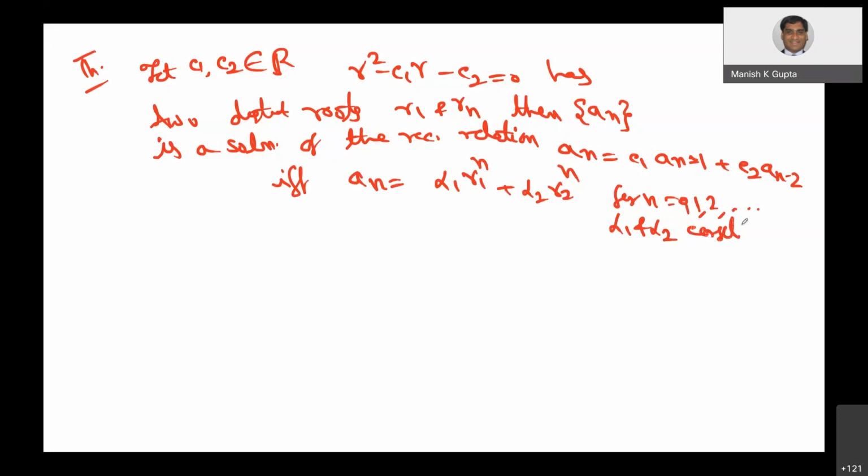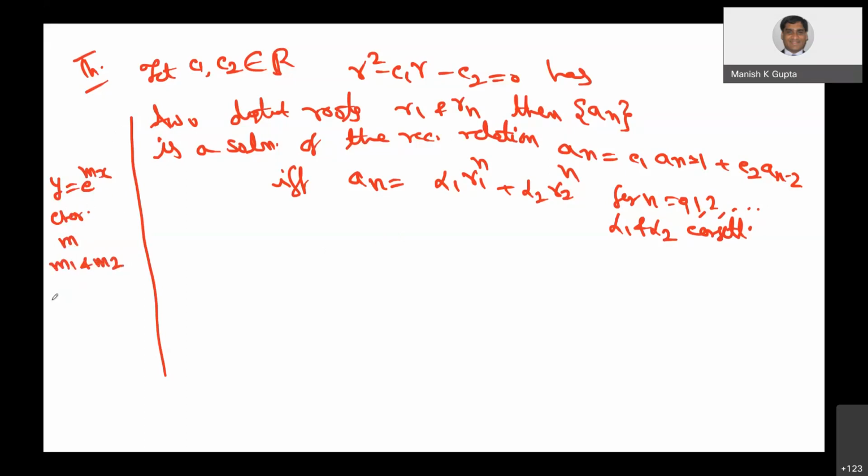So now if you recall, this is something like that. In the case of a differential equation, we seek a solution of the form y = e^{mx}, and then the characteristic equation is in m, say of degree 2, and suppose the roots are m_1 and m_2.